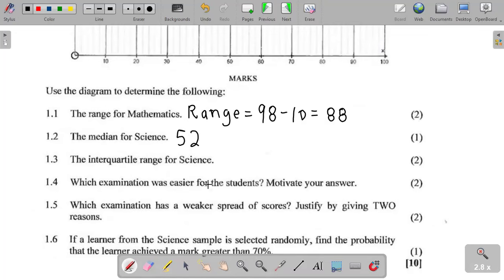And then the interquartile range for science. For the interquartile range, we must say Q3 minus Q1. So we look at science and we find Q3 and Q1.